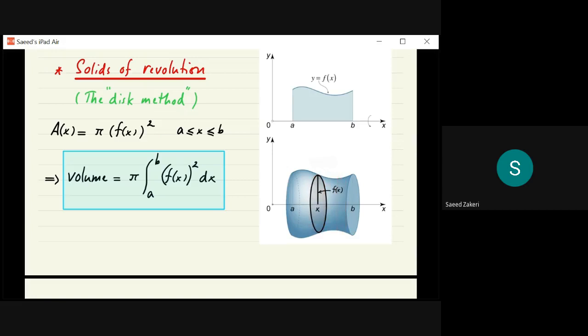And what you do in order to find the volume is you find the area of this disk, which is pi f of x squared, and then you integrate it from a to b.